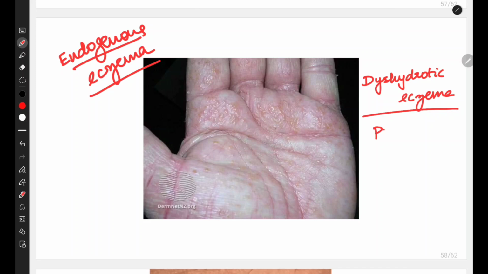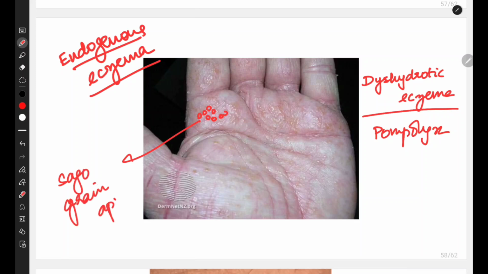It's also called pompholyx. In this, there will be vesicles all over the palms and soles of the person. It's also called sago grain appearance. Sago grain is like millets, so this appears like a sago grain.